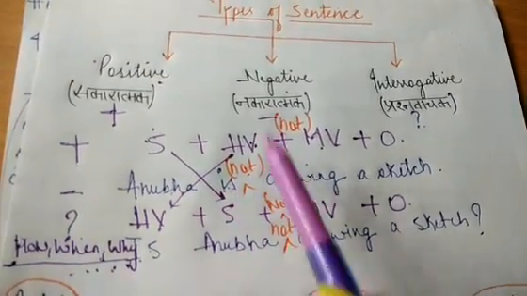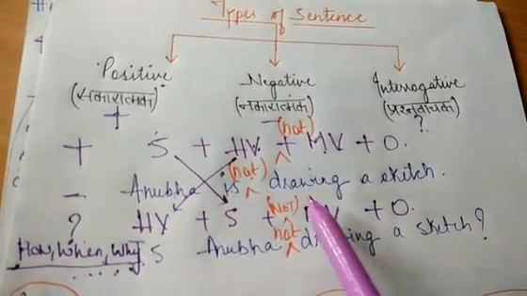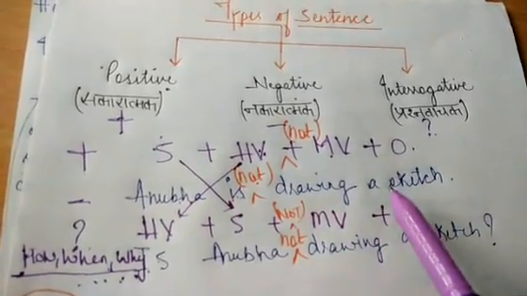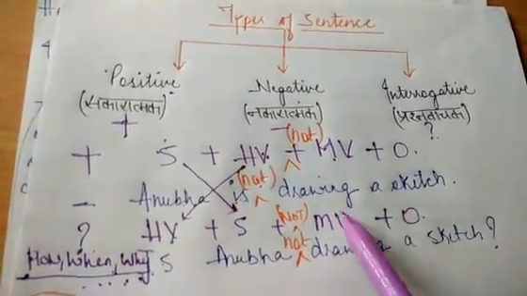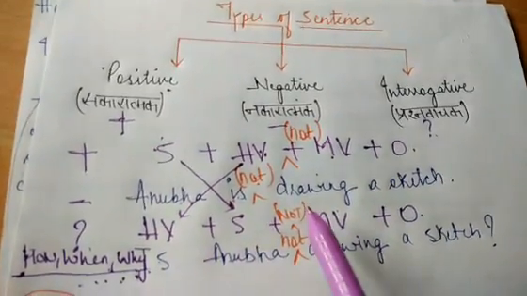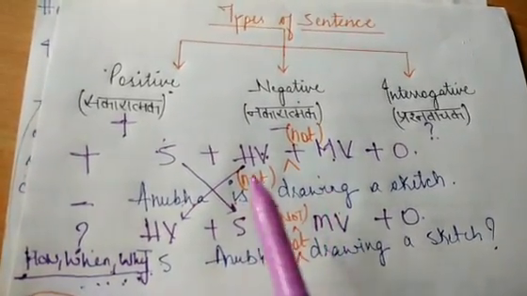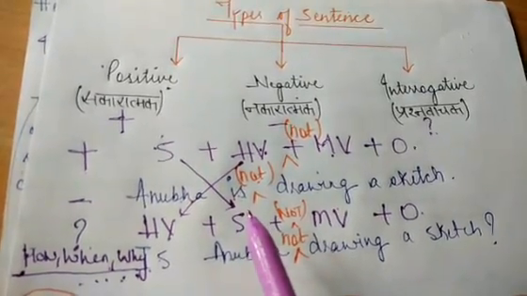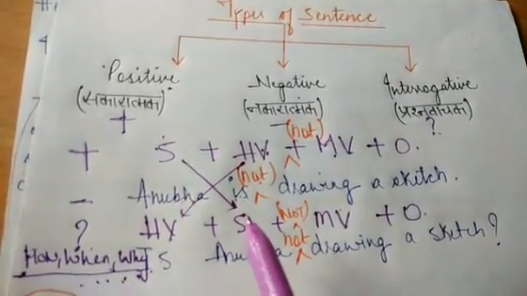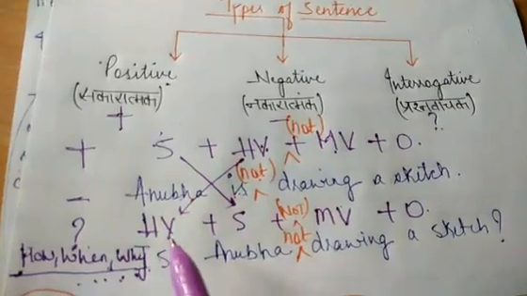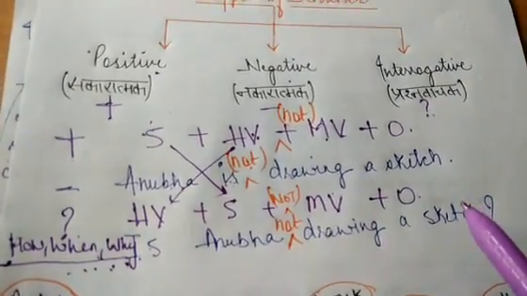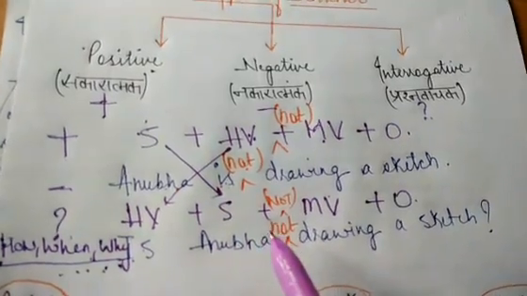Rather, they add a tone to it, right? They'll ask, Anubha is drawing a sketch? They will change their tone, but they will not change the order of the words. Please remember, the helping verb and subject are interchanged. So, along with the accent, your words are also changed and the sentence becomes, is Anubha drawing a sketch? Or is Anubha not drawing a sketch?